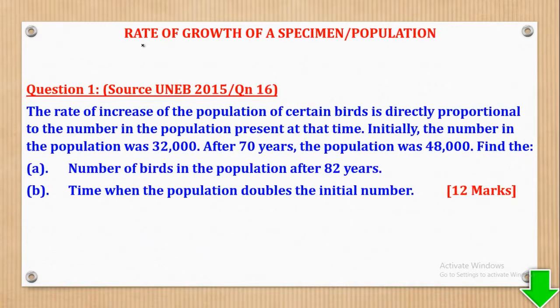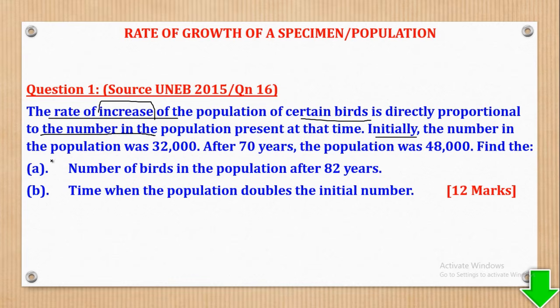So now we shall go to rate of growth of a specimen or population. Question 1 came from UNEB 2015, paper 1, question 16. It says that the rate of increase of a population of certain birds is directly proportional to the number in the population present at that time.